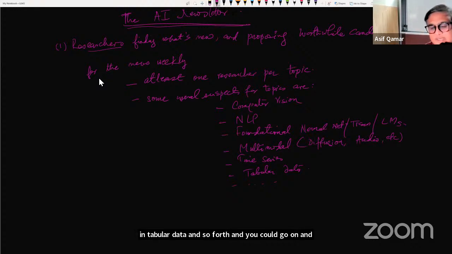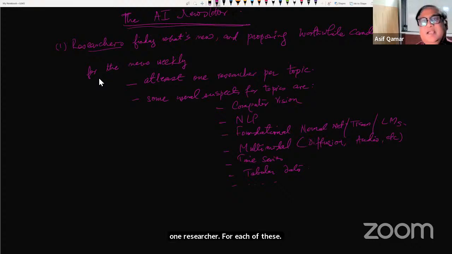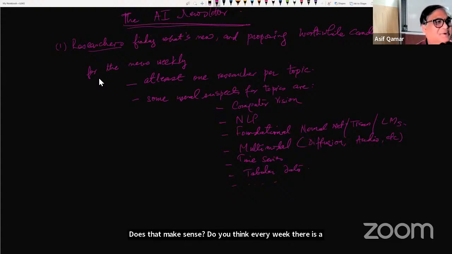So what would you do? You need to hire at least one researcher for each of these. Does that make sense? Do you think every week there is a finding on each of these topics? New research on each of these topics? Actually, there is. Every day, just in neural networks, I believe close to 260 papers come out.